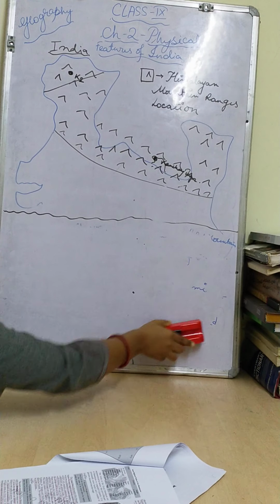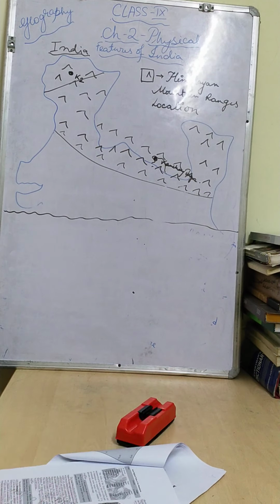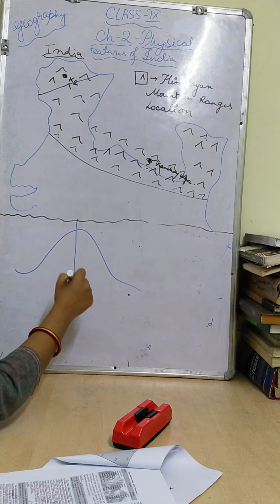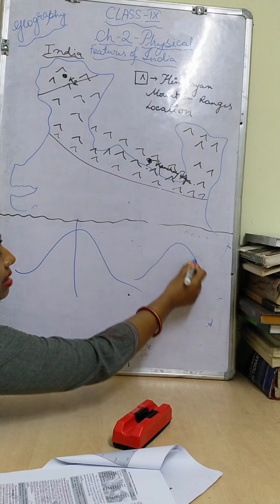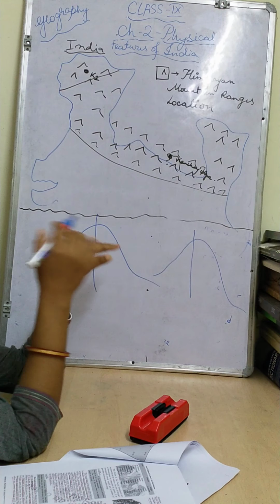These Himalayan mountain ranges are asymmetrical. Children, what is symmetrical? I think you know better. If you intersect a mountain and cut it from the middle, it divides equally on both sides, and that is called symmetrical. But asymmetrical is when one side has a very steep slope and the other side has a gentle slope.